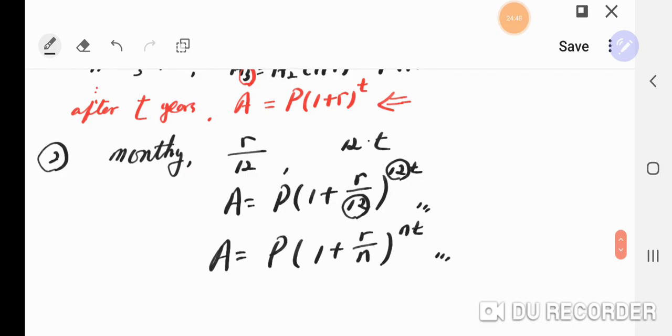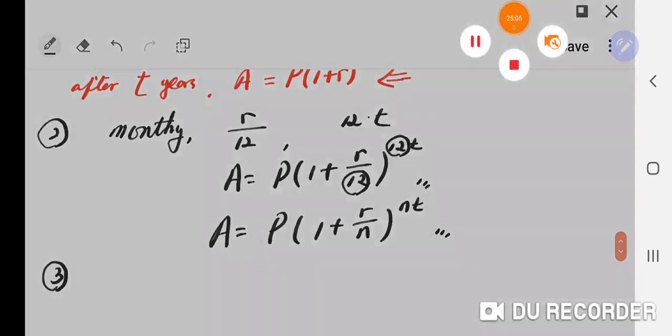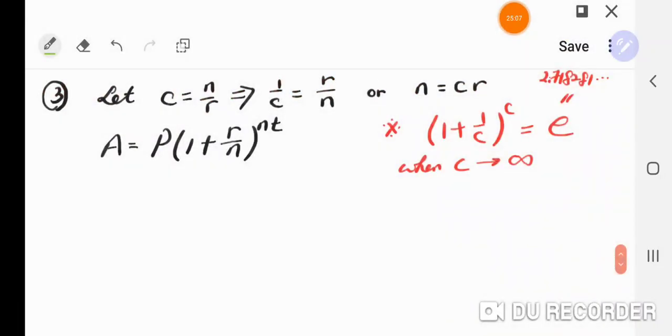Okay, and for number 3, this is a little bit complicated. So if n goes to infinity, let me write the formula first. For the formula for continuously compounded, we have this formula.